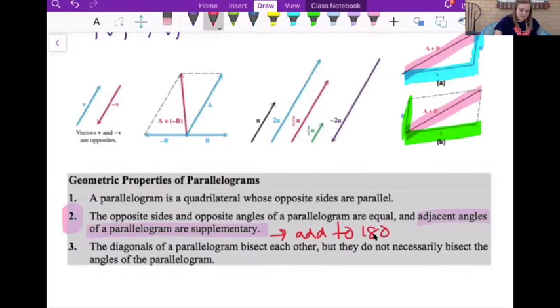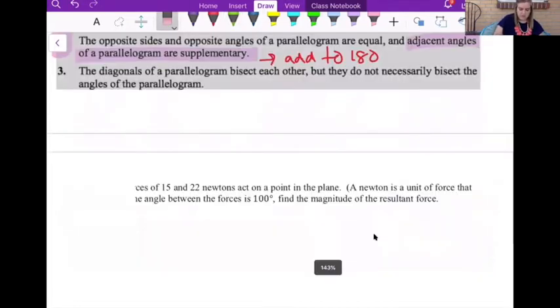We use that middle one a lot. The diagonals of the parallelogram bisect each other, but they don't necessarily bisect the angles of the parallelogram. So when we draw our diagonal, these two angles are not necessarily congruent. We will be drawing lots of parallelograms in this lesson, so get ready.